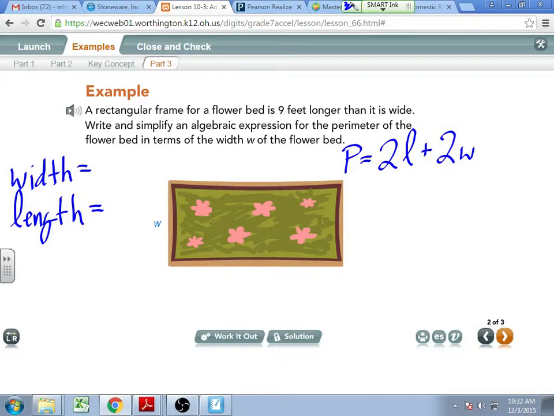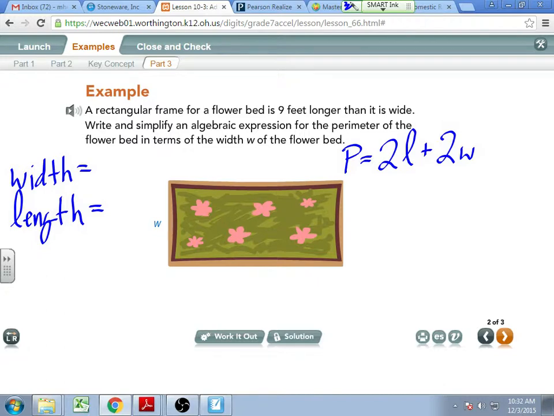Perimeter for a rectangle is always going to be 2 lengths and 2 widths because they're the same. Like the length is the same as the length, the width is the same as the width. A rectangular frame for a flower bed. Did you just hear? Rectangular.